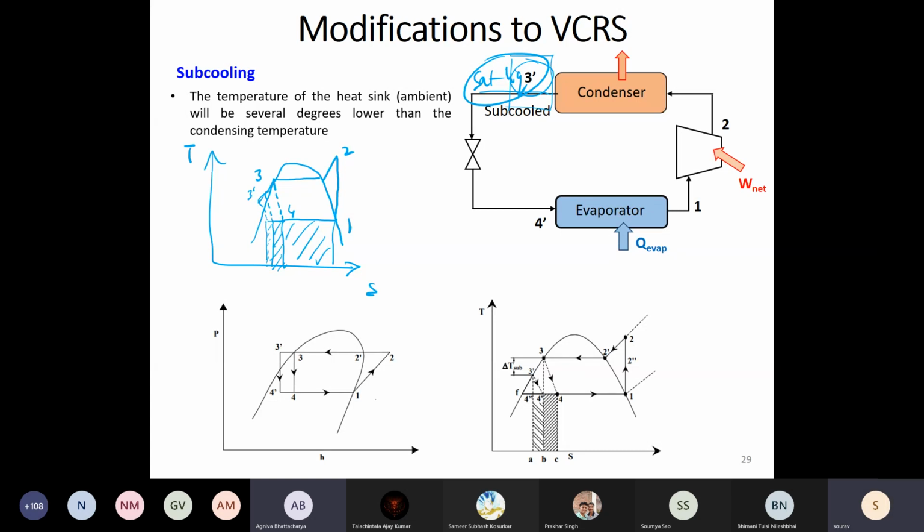Just look at the temperature at point 3, and look if you have somewhere within the cycle a temperature which is significantly lower than T3. Where is that?